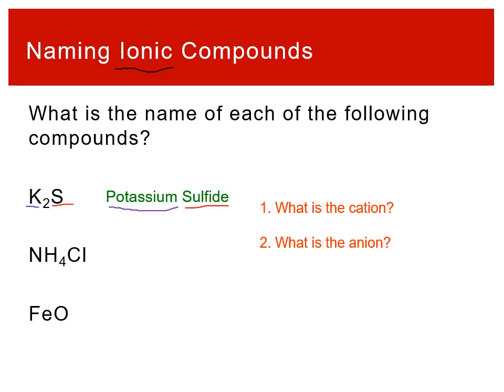For NH4Cl, we want to be careful. This is NH4. That is ammonium, right? That is an entire polyatomic ion. Whenever we start off with NH4, we want to be mindful that it's a polyatomic ion, ammonium. The Cl is then the chloride that is left over.